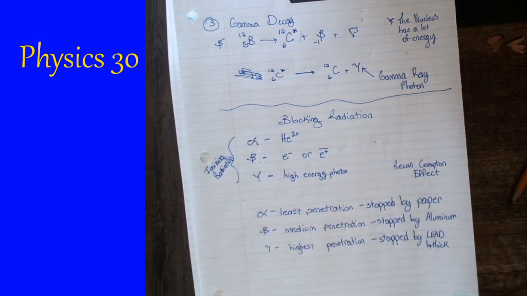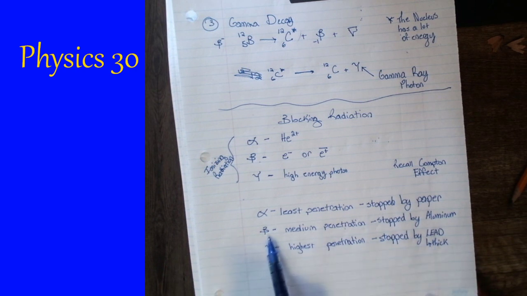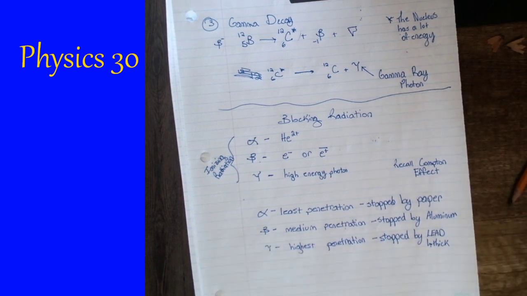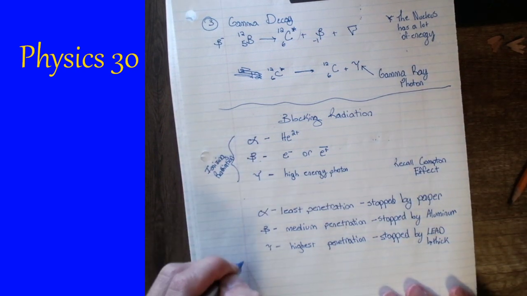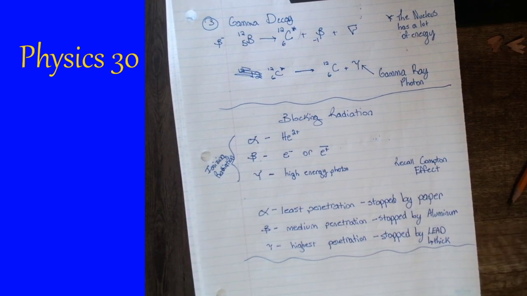That's basically the idea. Now, the lead will also stop the beta radiation. Those are the ways that we've developed to stop radiation. So that being said, we'll move on to a few other concepts before we end the video.